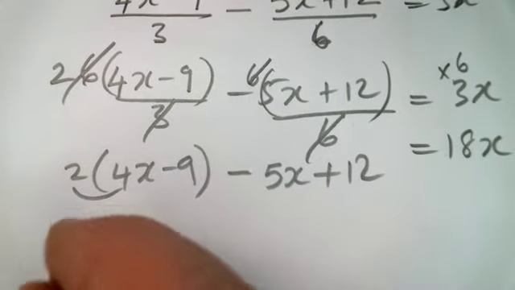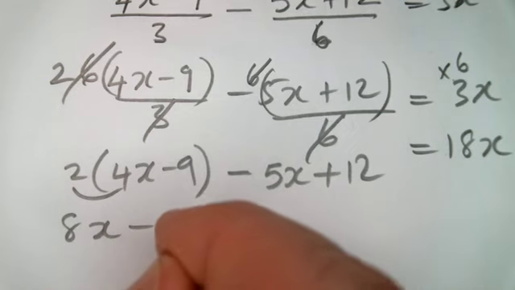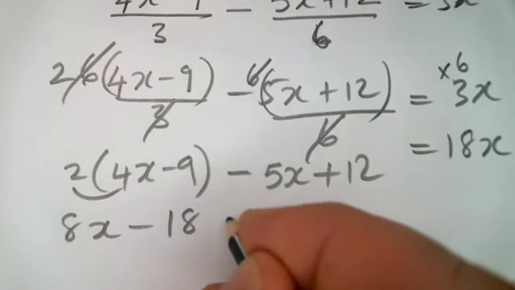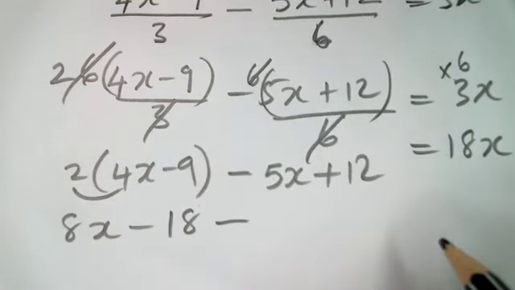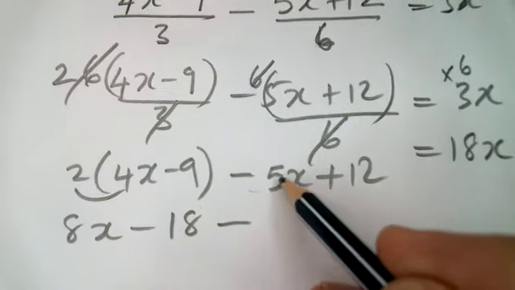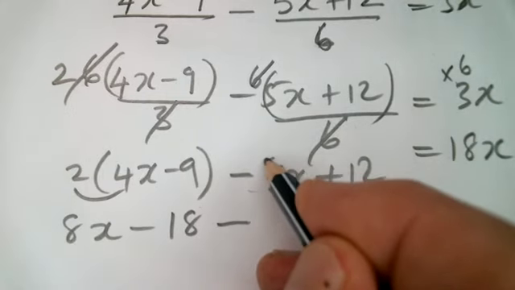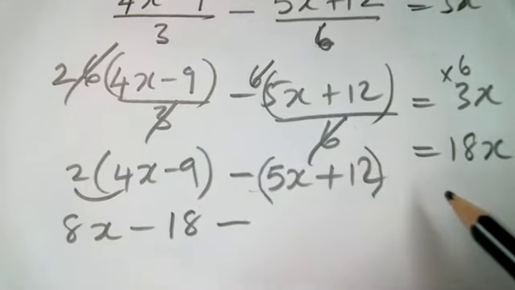So 2 times 4x is going to be 8x. 2 times negative 9 is negative 18, minus, now I've got to be a little bit careful here because that minus really is the whole of this. So I'm going to put the brackets back for a moment because I'm just going to make a point here.